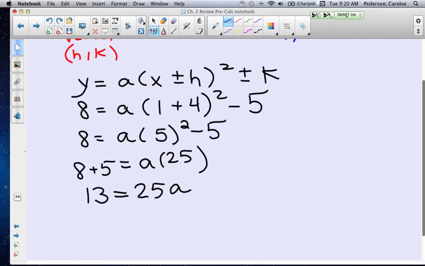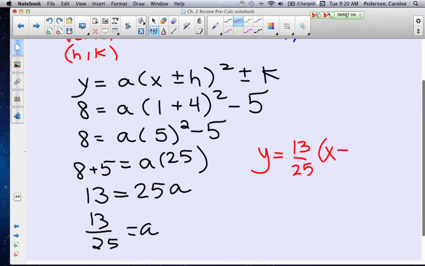And then divide by 25. Then we will just rewrite the equation with a, h, and k. So there is the quadratic equation in vertex form.